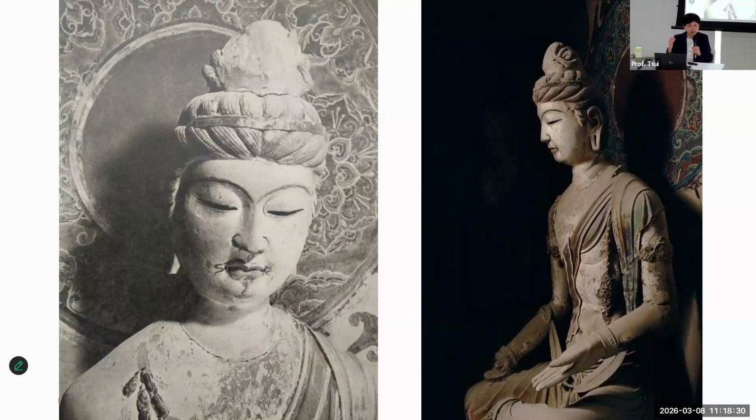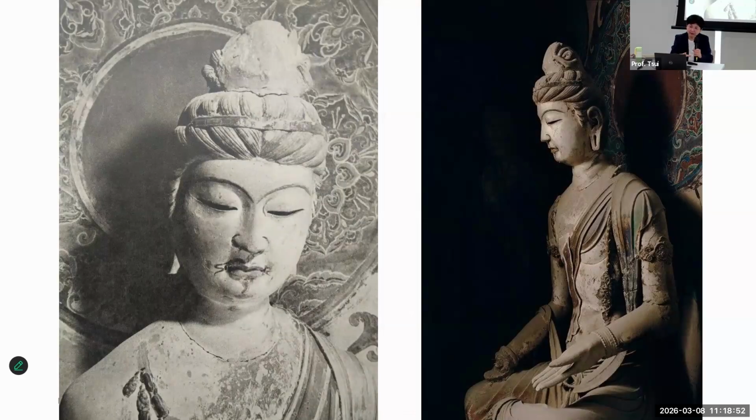So you can see the well-preserved, very beautiful skin of the Bodhisattva. And also from the Bodhisattva's face, can you identify, is he male or female? Male. He has a mustache.